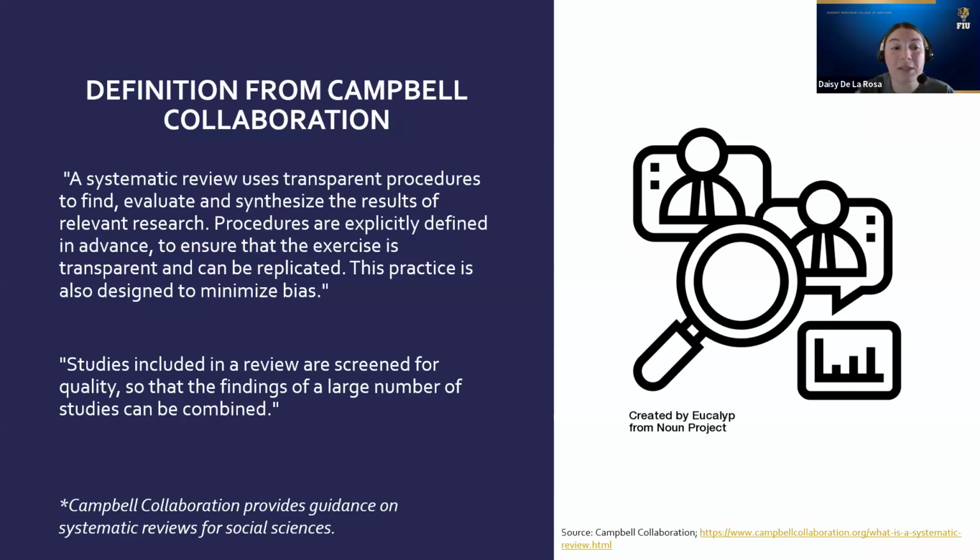The procedures are explicitly defined in advance, so pre-specified, to ensure the exercise is transparent. Again, trying to minimize bias so that someone could replicate your methods and your results. So it has to be a reproducible process. The studies that you include in the review are screened for quality so that the findings of a large number of studies can be combined.